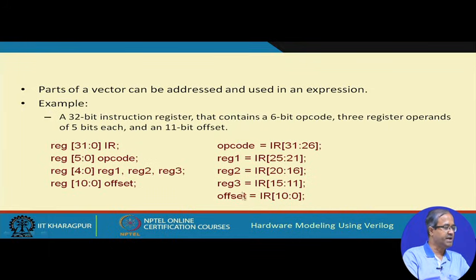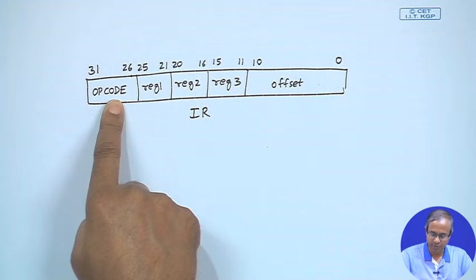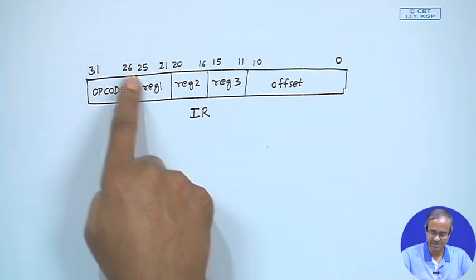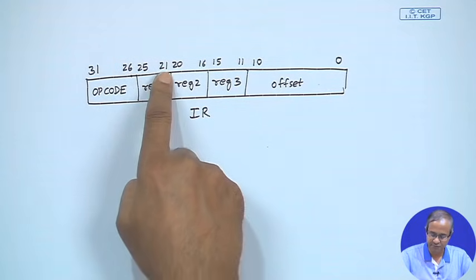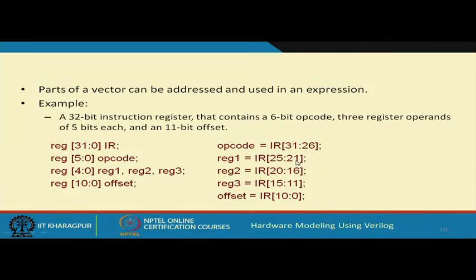Then I can simply write opcode equal to IR[31:26]. So, you see here, we mentioned 31 to 26, opcode will be assigned IR[31:26]. Similarly, reg 1 will be IR[25:21], reg 2 will be IR[20:16], reg 3 IR[15:11], offset IR[10:0].